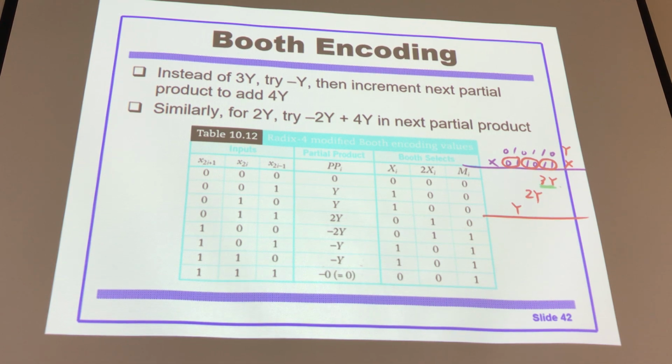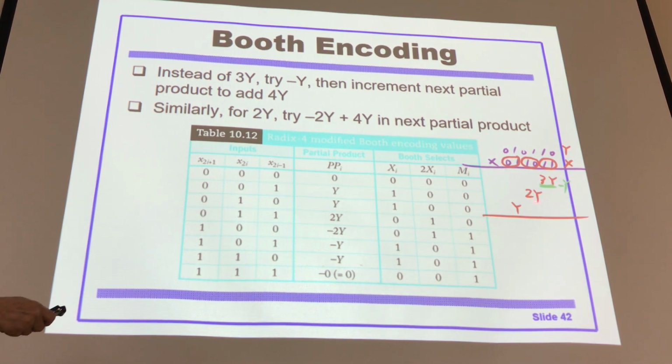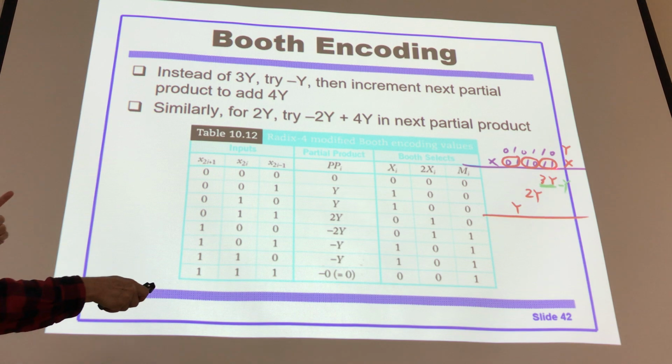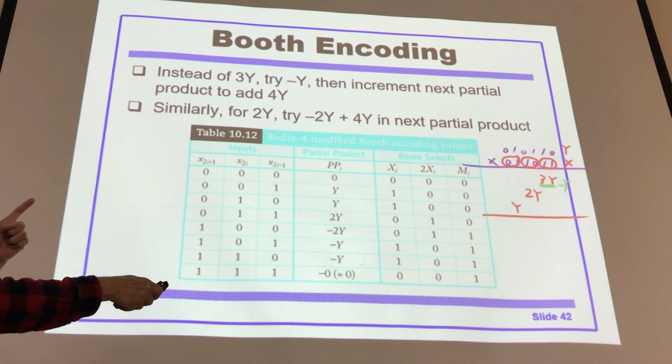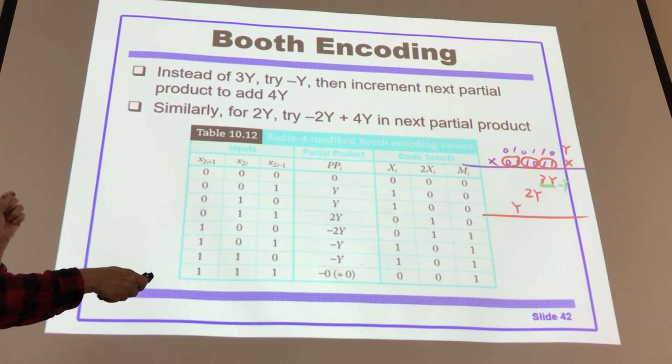We change it to minus 1. But you still owe 4y, right? You owe 4 times, you use minus y instead, you owe 4 times. So in the next partial product, you have to add 1y back, only 1y, because you're shifting by 2 bit positions. You shifted left by 2 positions. You now look at this 2 bits.